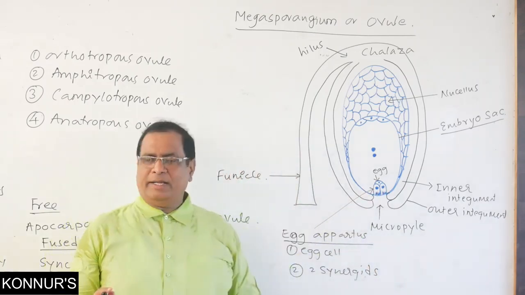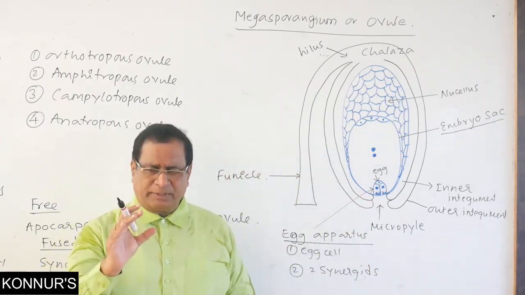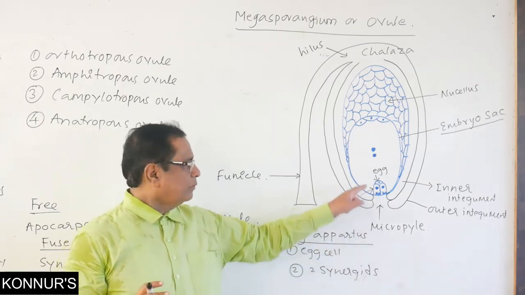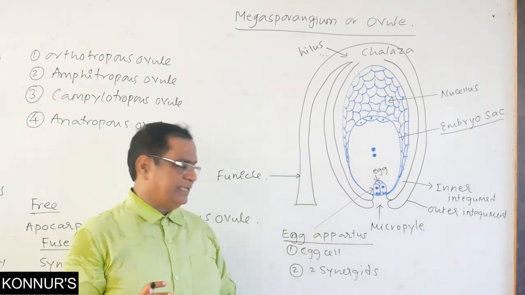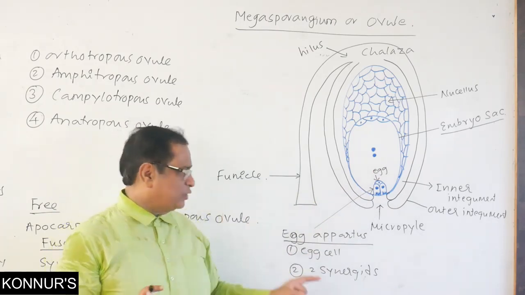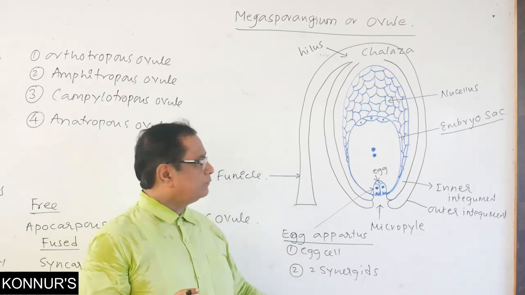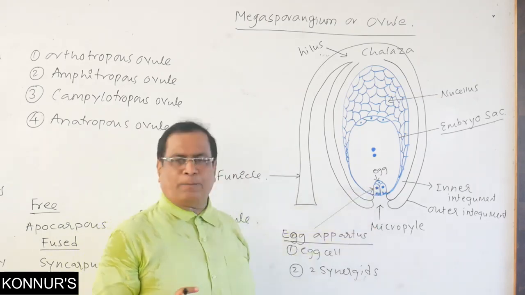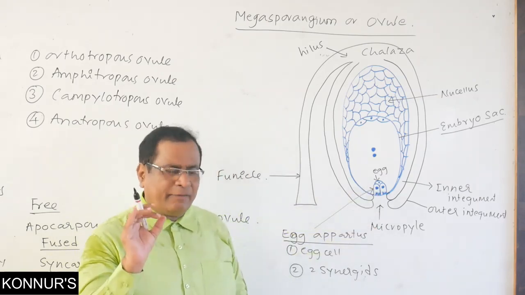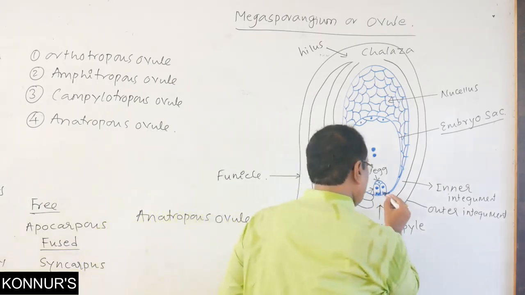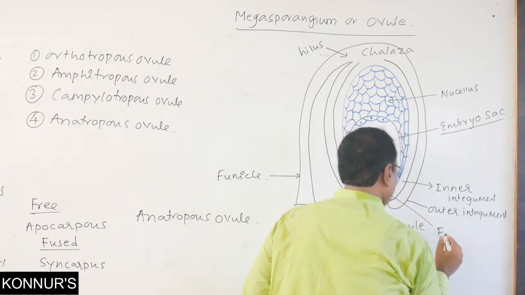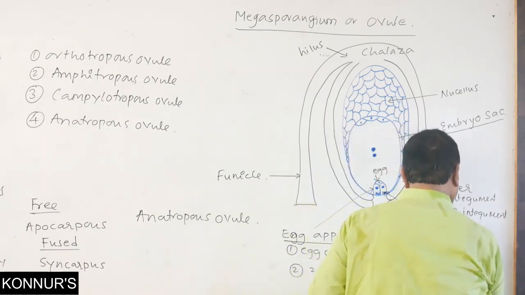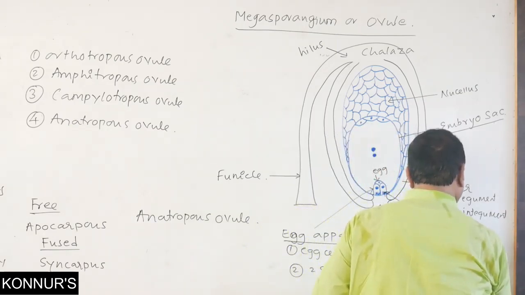Towards micropylar end, a group of 3 cells are there. One is egg cell and 2 are synergids, and these 2 synergids towards micropylar end are having different thickenings. That thickening is named as filiform apparatus.